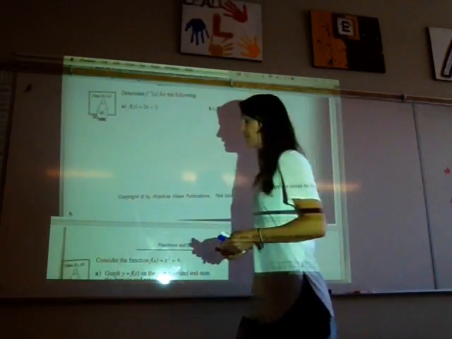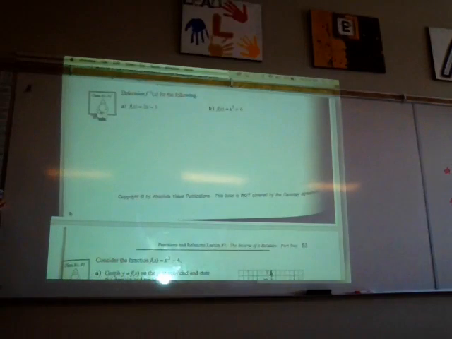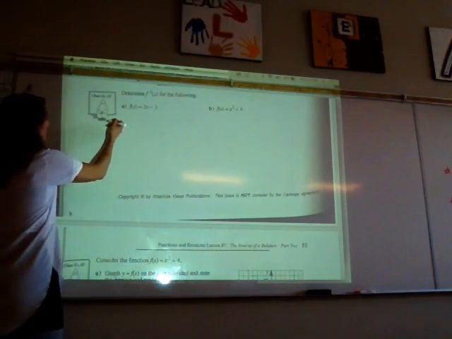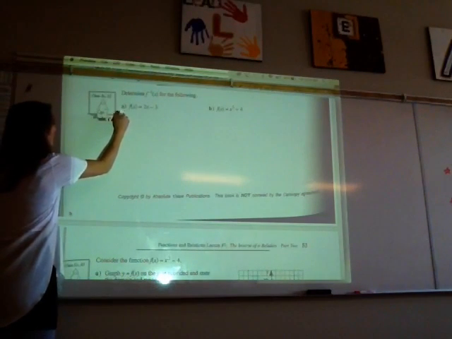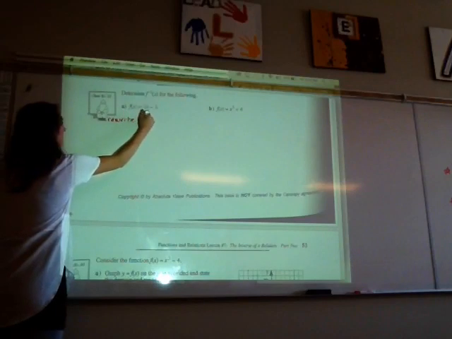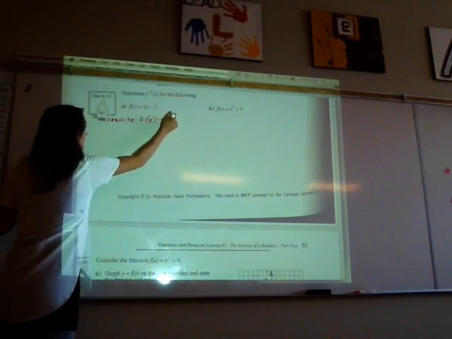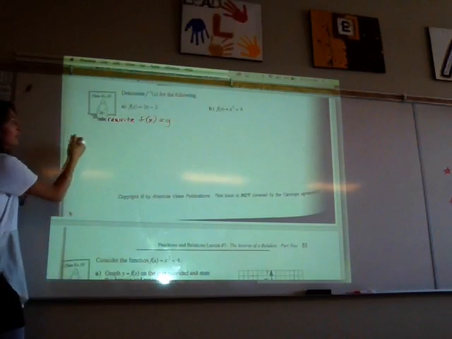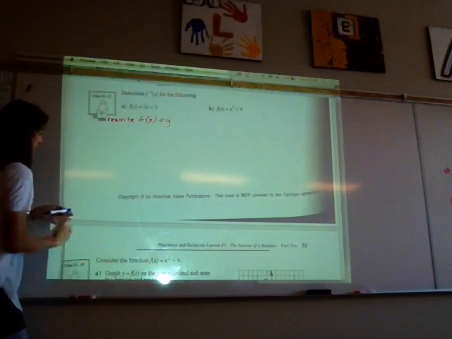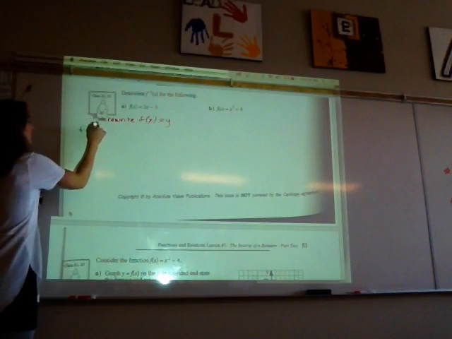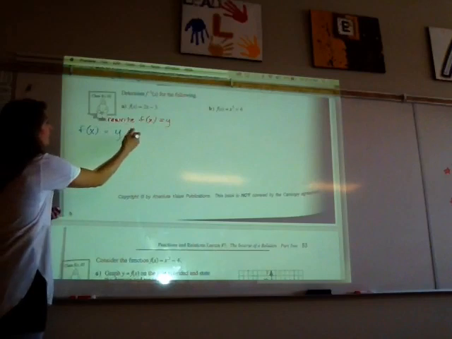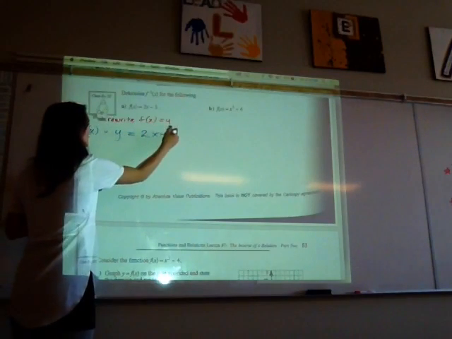So we have a function f of x is equal to 2x minus 3. The first step we're going to do is rewrite f of x is equal to y. Okay, so f of x is equal to y, which actually equals 2x minus 3.